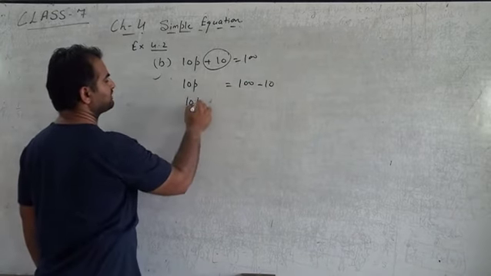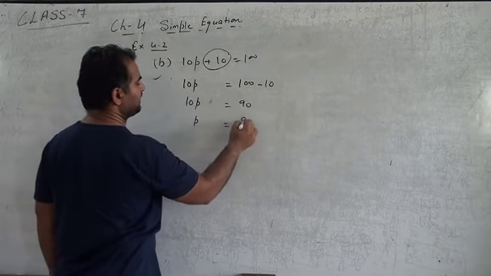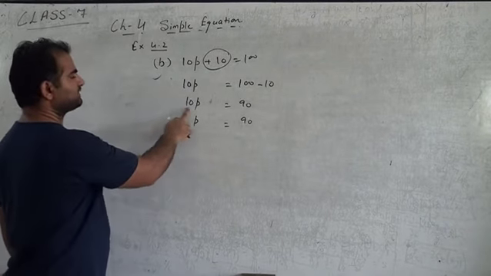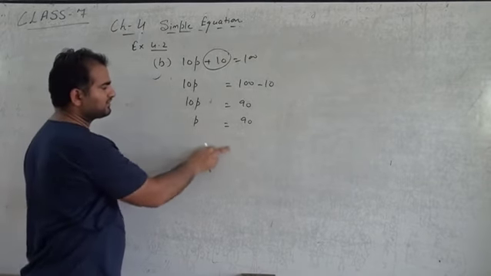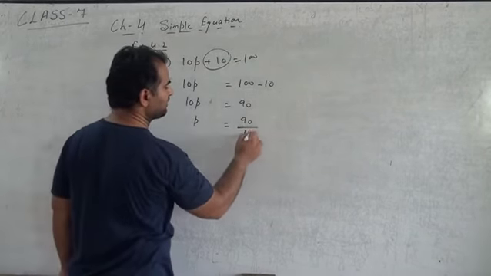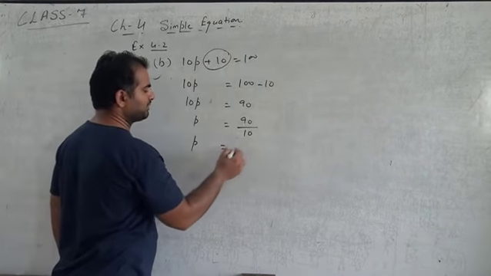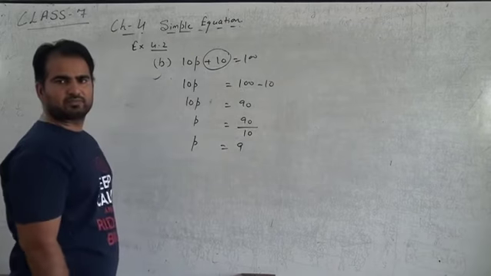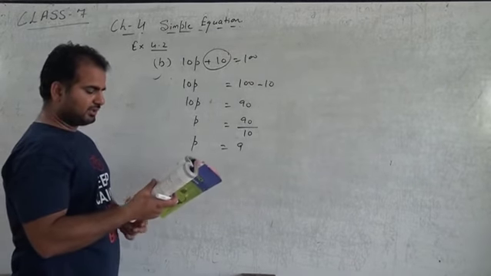So 10p equals 90. Okay, what is this 10? It is multiplied by p. So when we transpose it, it will be divided. So p will be 90 upon 10 equals 9. Done.